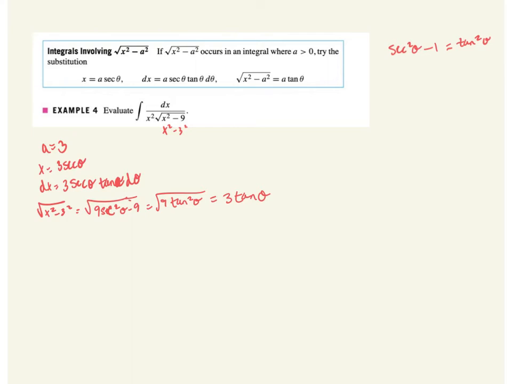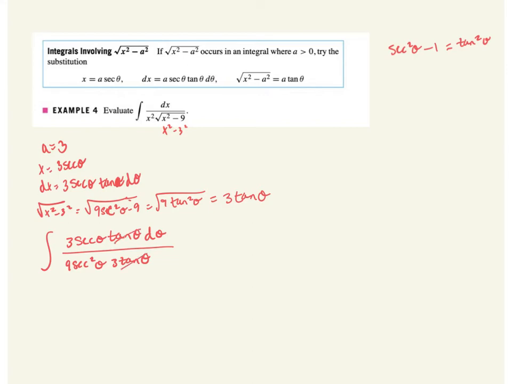Okay. So now rewriting my integral, dx is in the numerator, so 3 secant theta tan theta d theta. I have an x squared out in front, so I have a 9 secant squared theta times square root of x squared minus 9, or 3 tan theta. Canceling whatever out that we can.